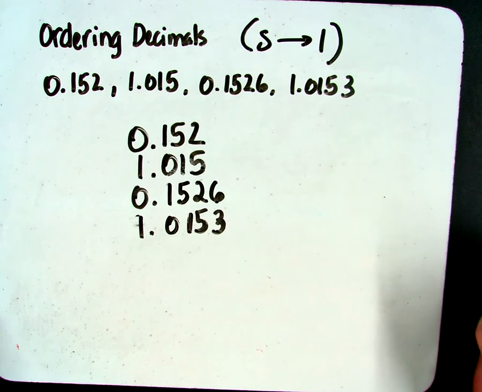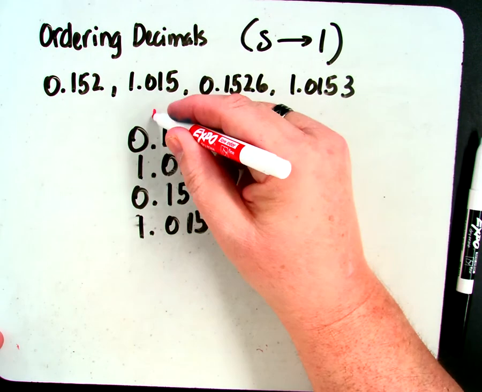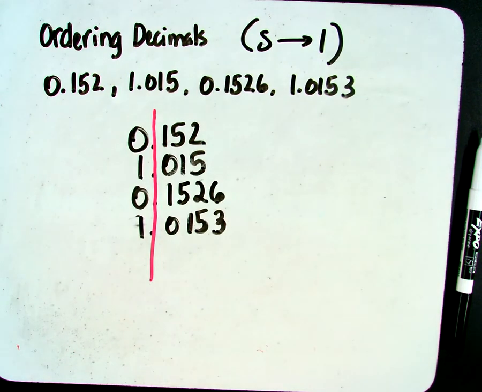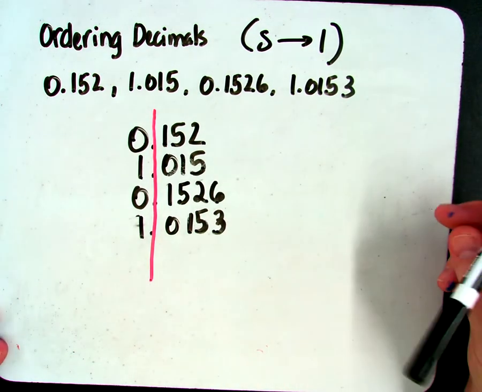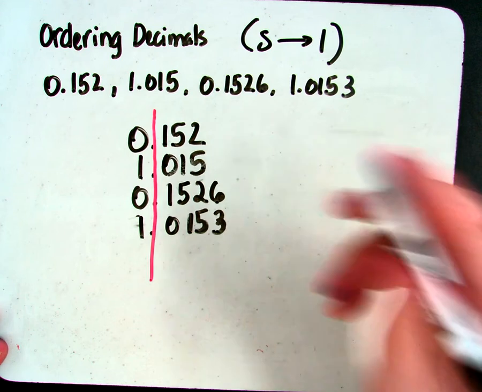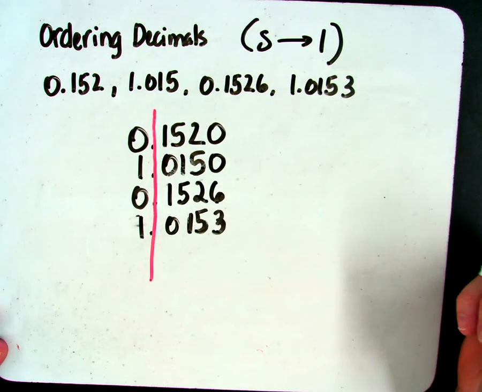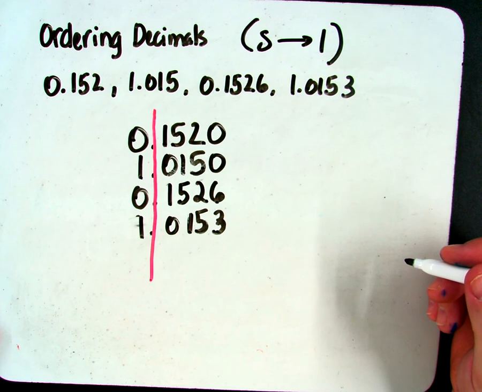Like so. Now you'll notice that we have aligned them, anchored on our decimal points. Anywhere you have an empty space, we're going to fill in a 0 as a placeholder. And then we are going to start on the left and compare columns of numbers.